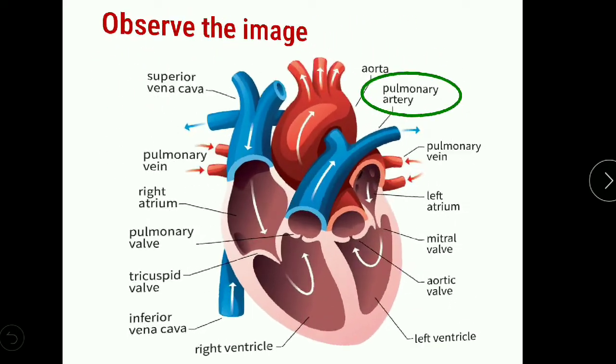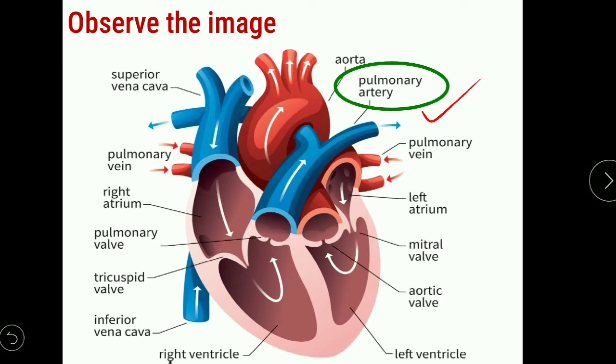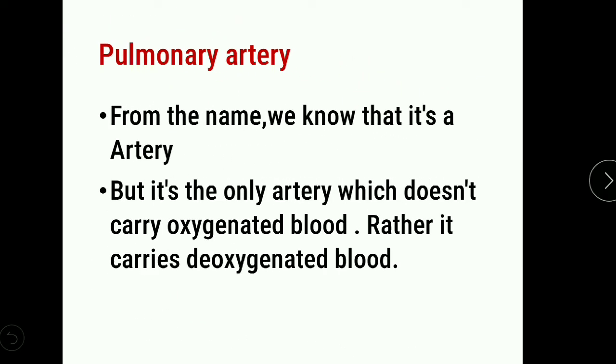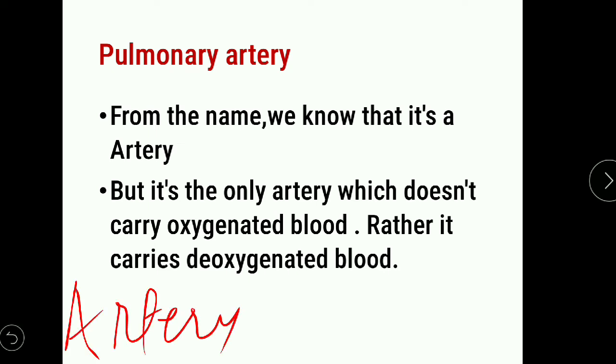Now, the pulmonary artery. Pulmonary artery is being labeled with blue color. How? Pulmonary artery is the only artery which carries the deoxygenated blood. We all know arteries carry the oxygenated blood.